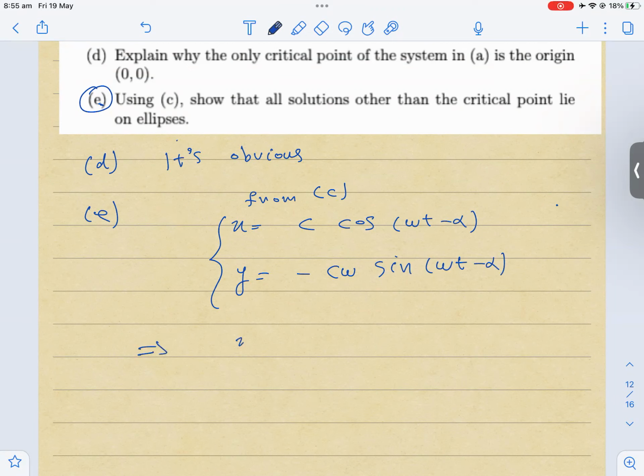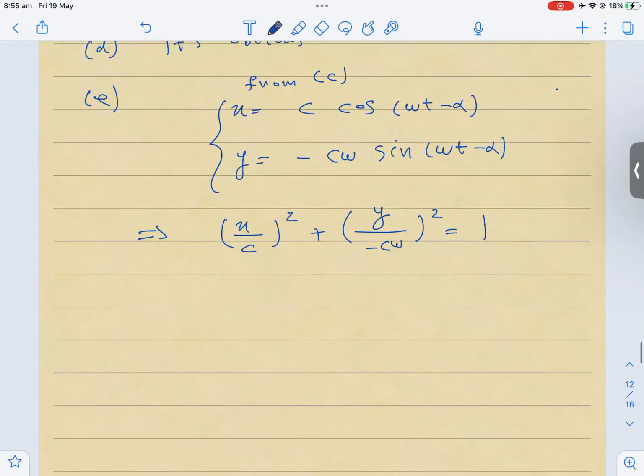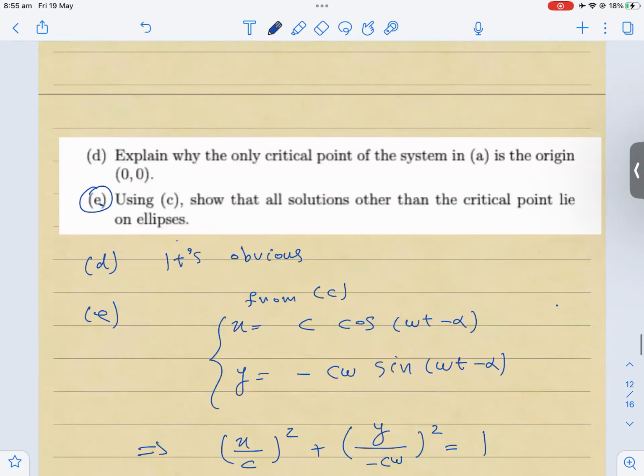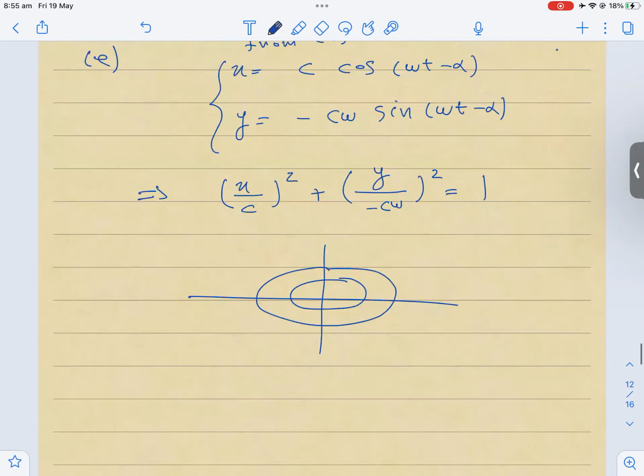From here, x over C squared plus y over minus C omega squared, that's obviously 1. And this means you've got an ellipse, or oval, whatever it is. So this is an ellipse in the x, y plane.